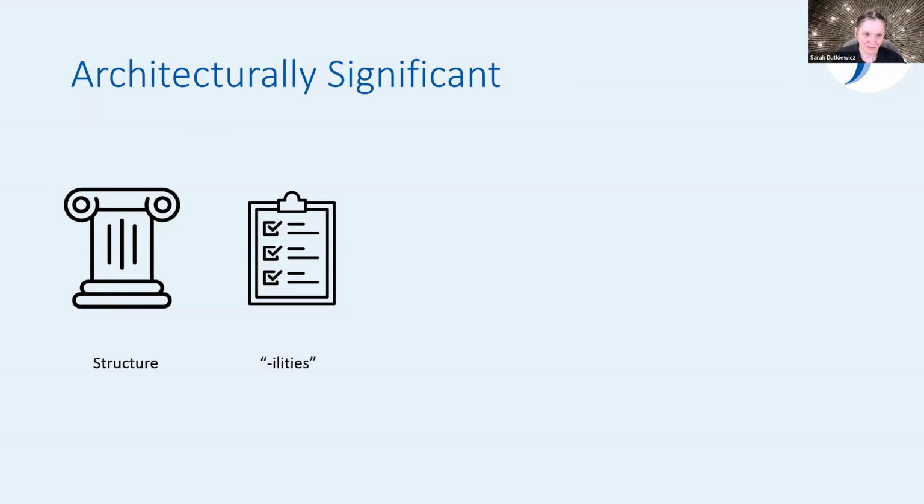When I first heard about ADRs and the architectural katas, security was the first ility that came to mind for us too. So if anything in your decision is going to impact one of the ilities, consider it architectural for documentation purposes.